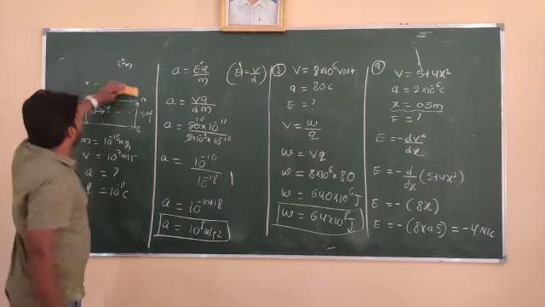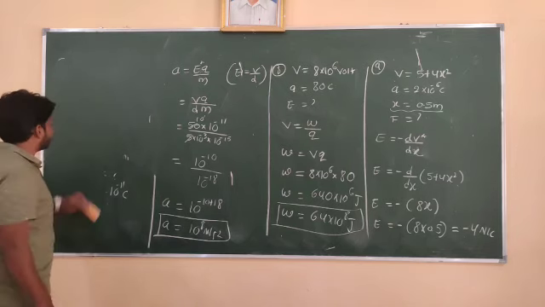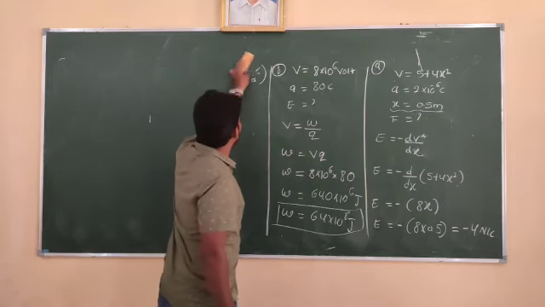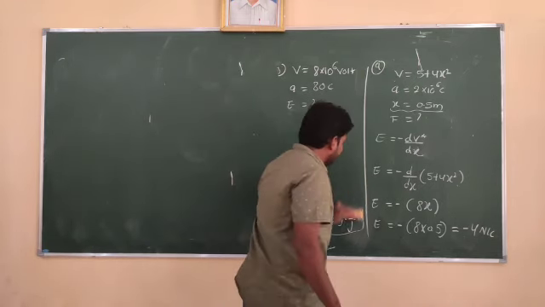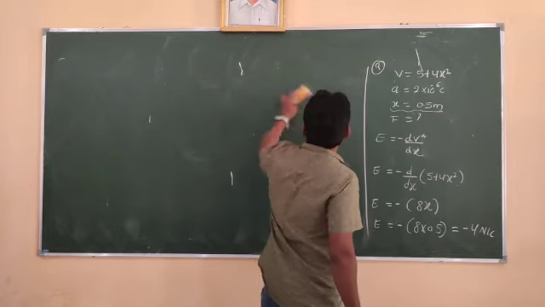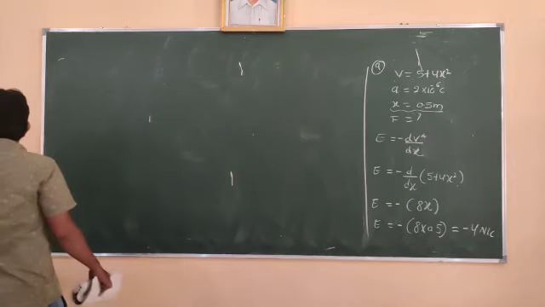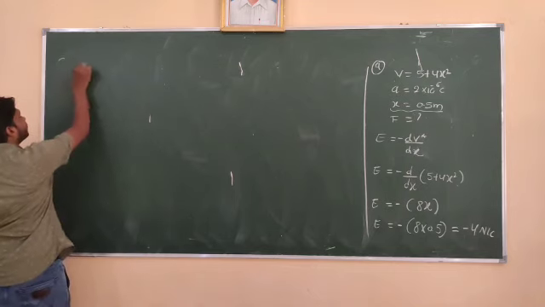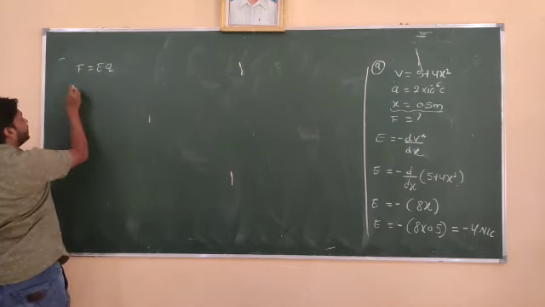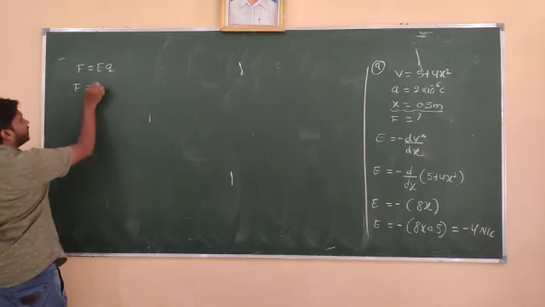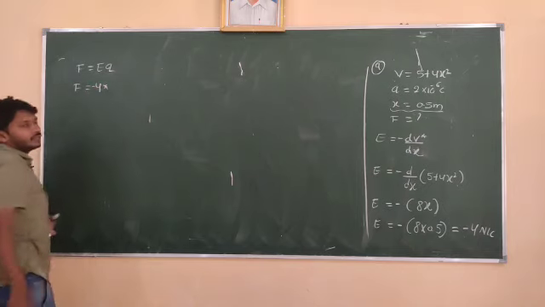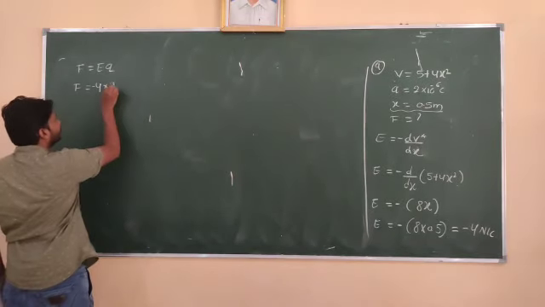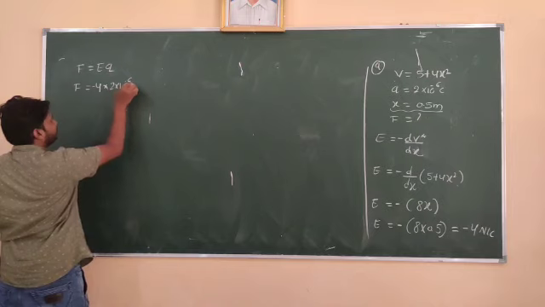They asked to determine the force experienced by the charged particle. So F is equal to what? F is equal to E into Q. I will use that equation here. The electric field value is minus 4 Newton per Coulomb and the magnitude of the charge is 2 into 10 to the power of minus 6 coulomb.